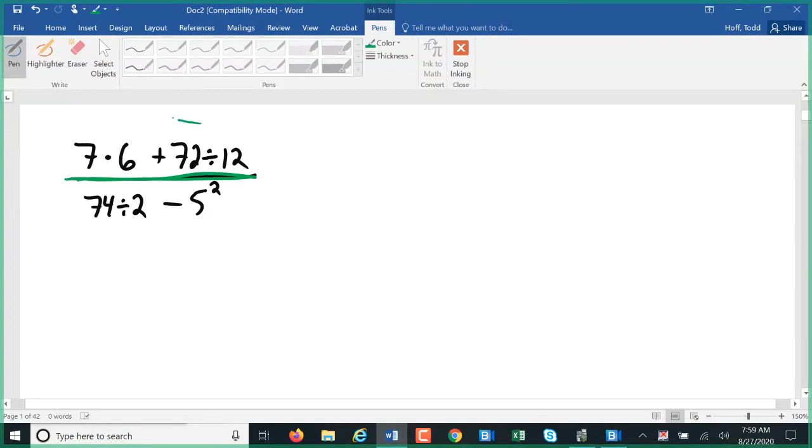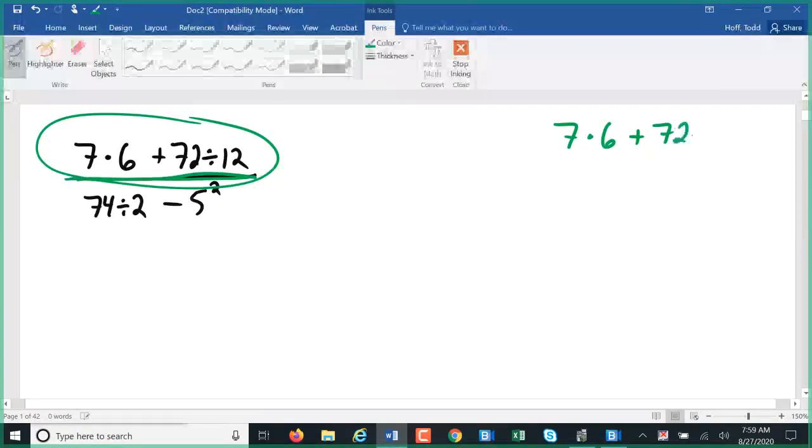So we'll start out with everything on top here. I'm going to rewrite that off to the side so I have room to work through it. So 7 times 6 plus 72 divided by 12. So there's no other enclosing symbols in that. No exponents. There is multiplication and division. So we're going to work left to right with the multiplication and division. 7 times 6 is 42.